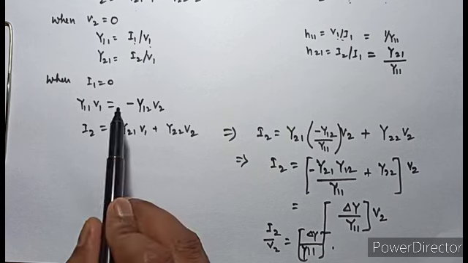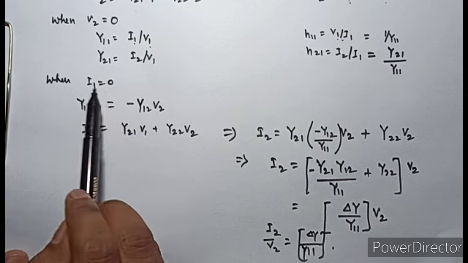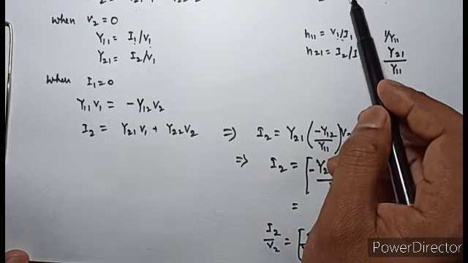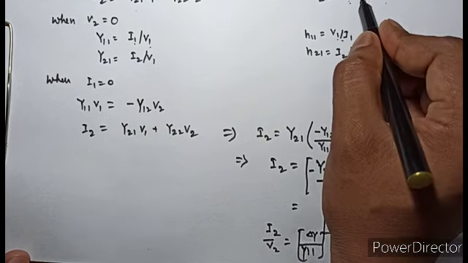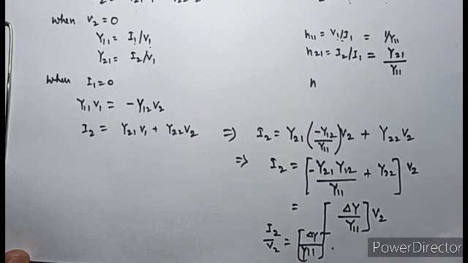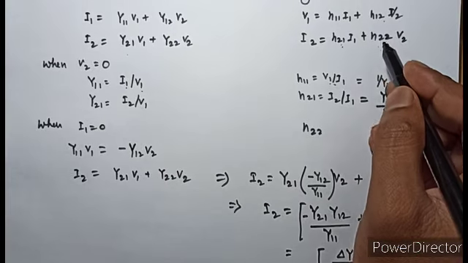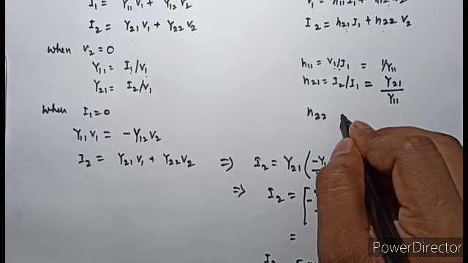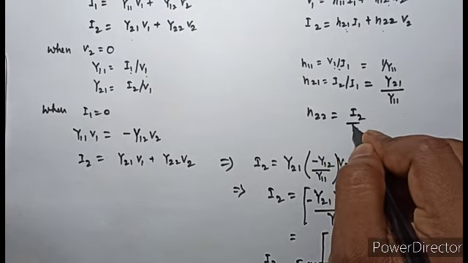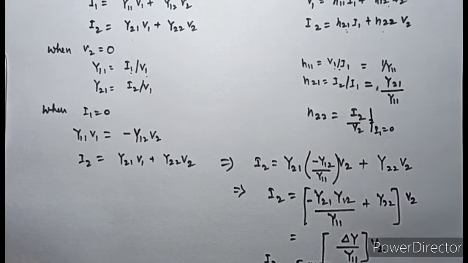Right. And now see, we have this expression we got when I1 is 0. H22 from here will be I2 by V2 when I1 is 0.